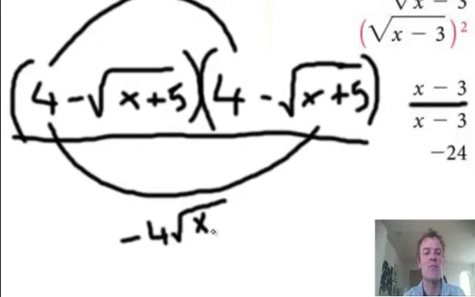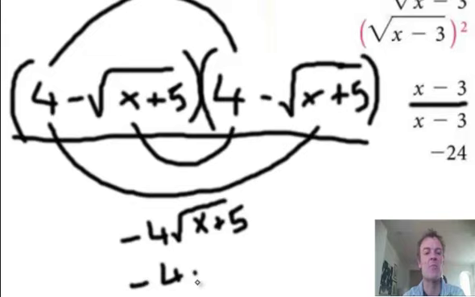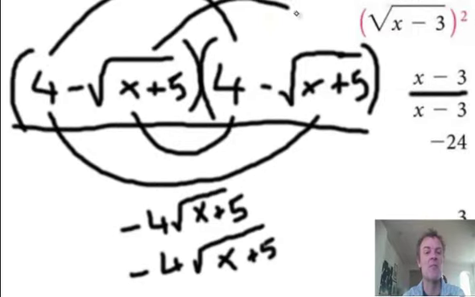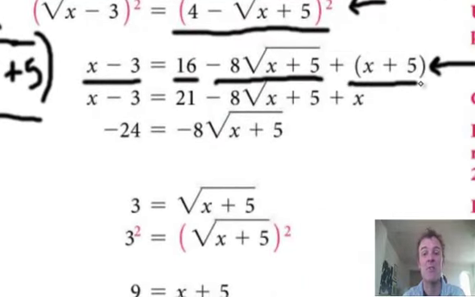The inner is also negative 4 root x plus 5. That's going to give me negative 8 root x plus 5. And finally, root x plus 5 times another root x plus 5 is root x plus 5 squared, which is just x plus 5. Look at that carefully.